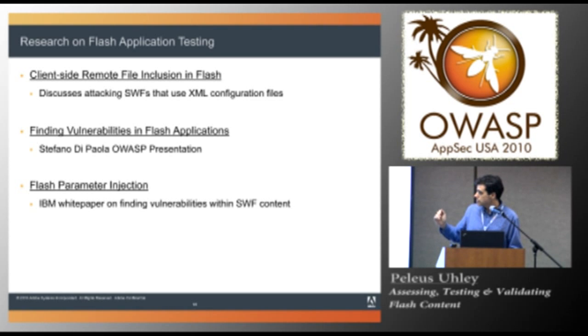And Jeremiah Grossman, IBM had posted a talk about how to also look for cross-site scripting when you use external interface within Flash. So these are all good things to go and take a look at if you want to see attacks that have actually happened in the wild as sort of samples to supplement the reading that was there before.